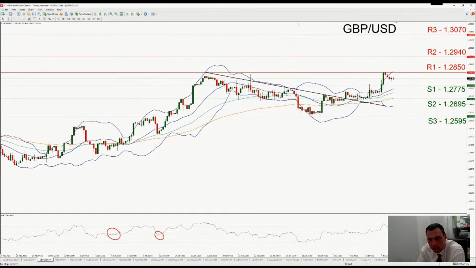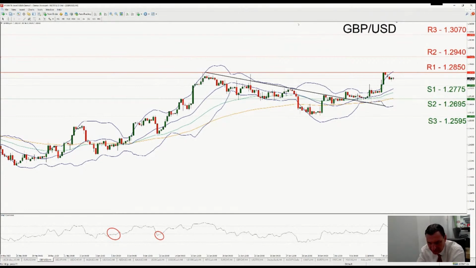Mind you that overall we view on the monetary policy level the differentials between the pound and other currencies to be favoring the pound. Mind you that tomorrow we're getting also the UK's employment data for May, which are expected to show a rather tight employment market in the UK despite the drop of the employment change figure.